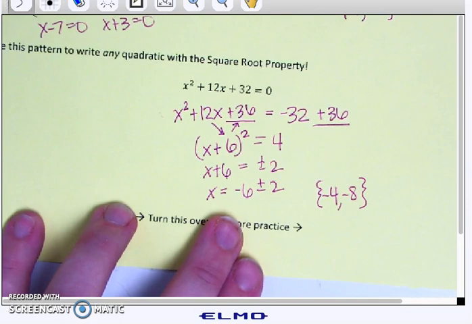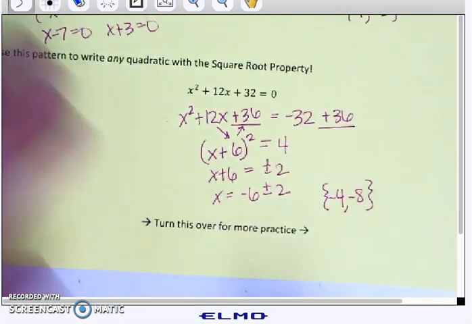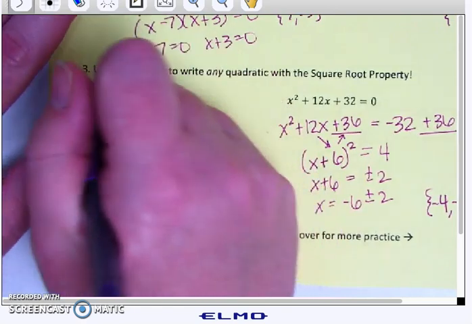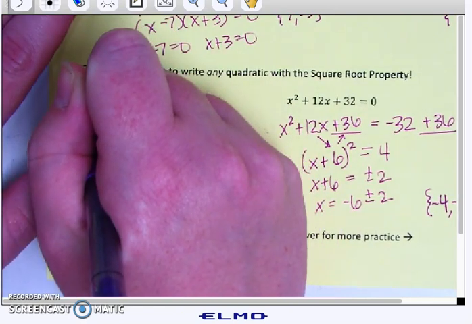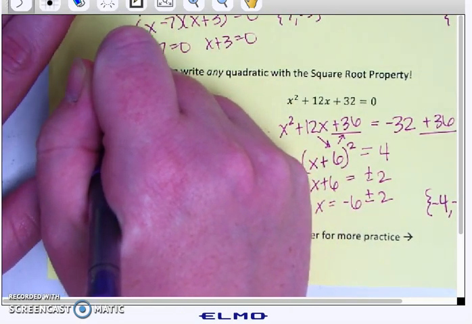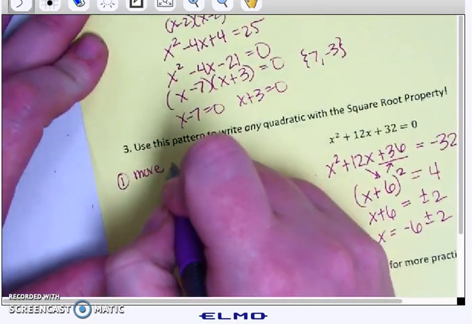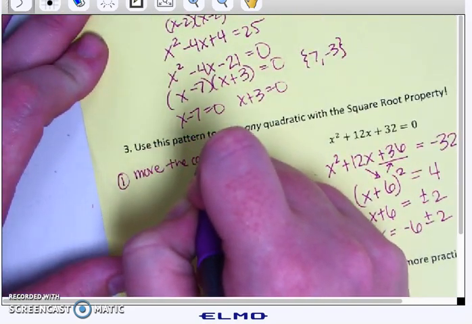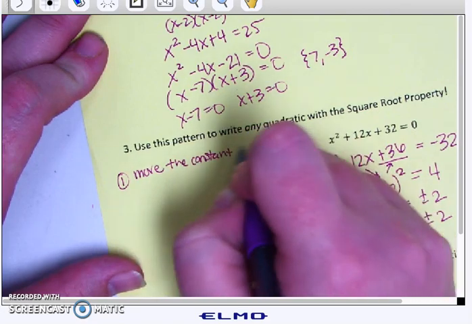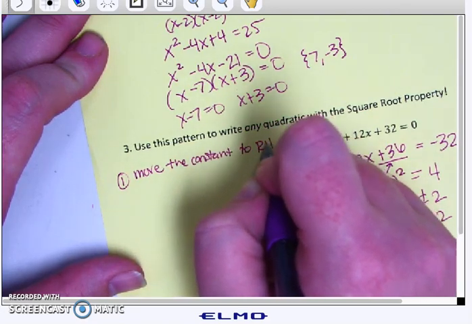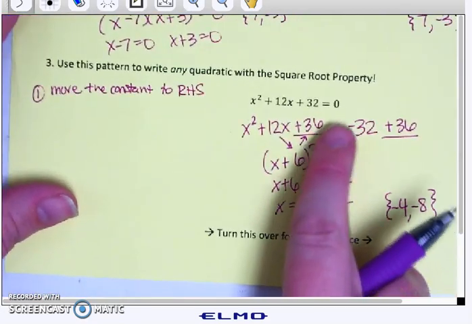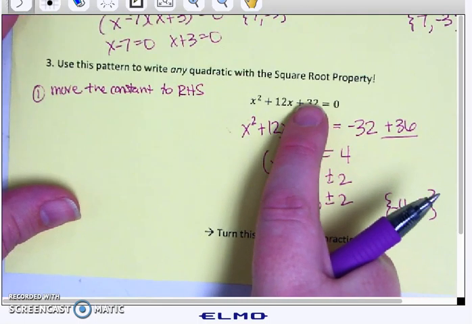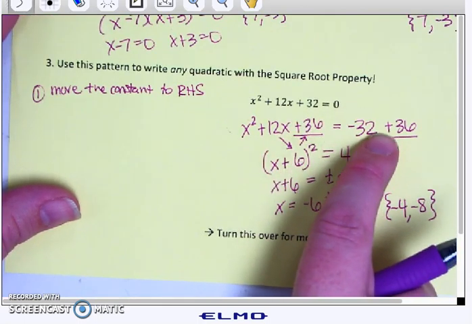So this process is called completing the square. In words, what we did was move the constant to the right-hand side. The constant in this case was 32, and we moved that to the other side by subtracting 32.